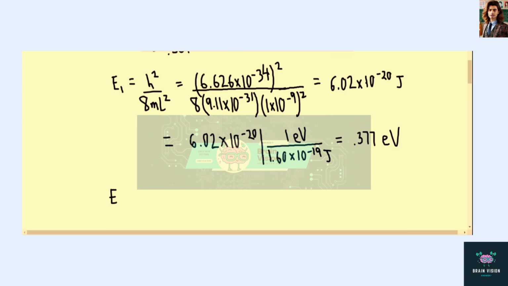If we know the equation for a particle's energy in a box, we can just say 2 squared times E1. We get 4 times E1, that's 0.377 electron volts times 4, which gives us 1.51 electron volts.